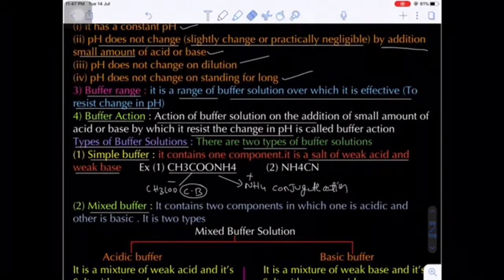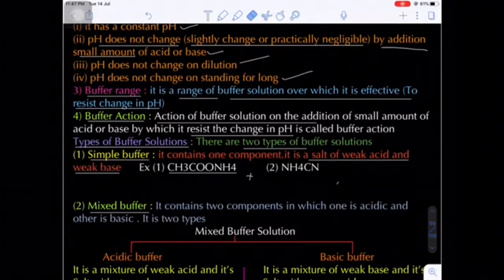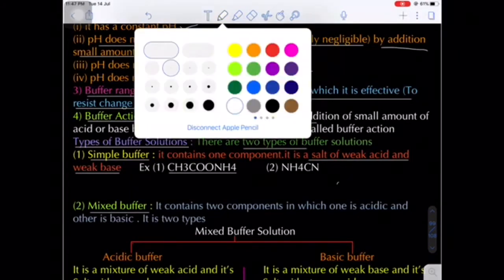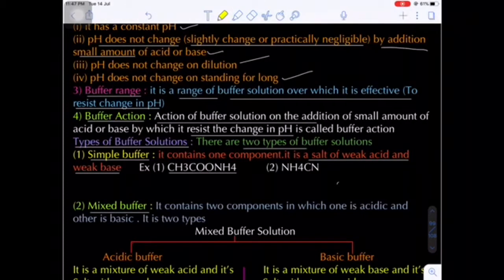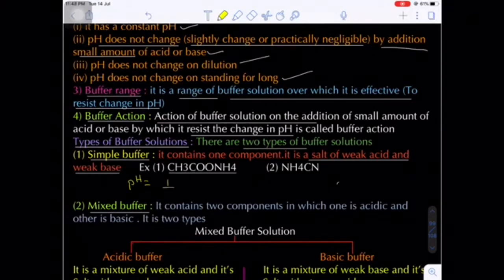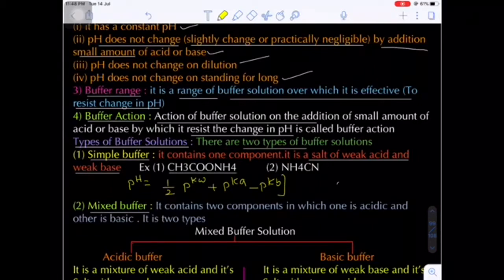Now, the second category is the mixed buffer. And one more important thing, we know how to calculate the pH of the salt of a weak acid and weak base. What is the pH formula? pH is equal to half into pKw plus pKa minus pKb.